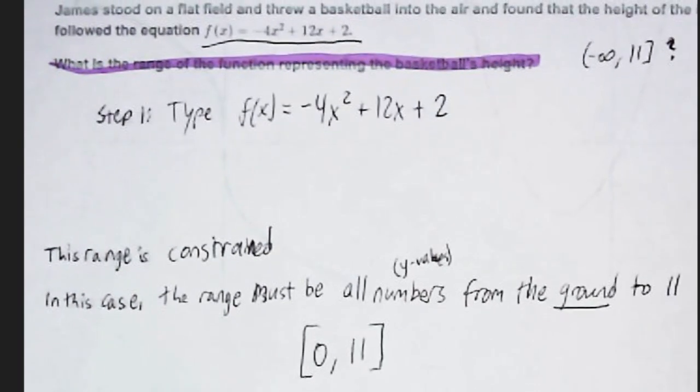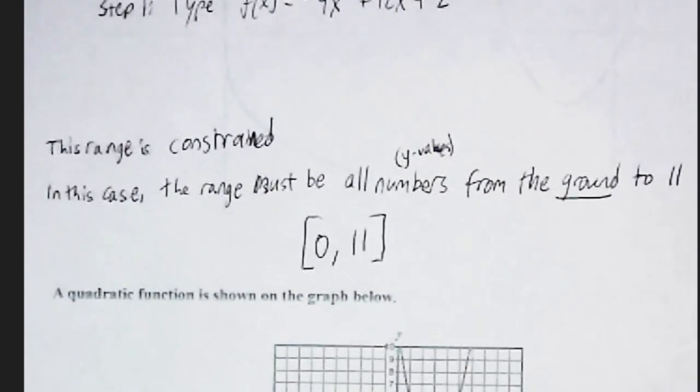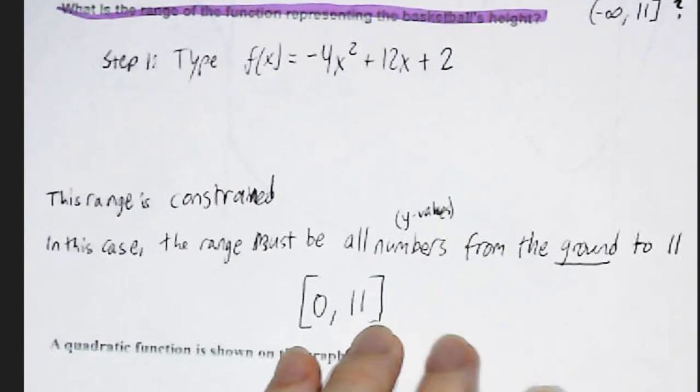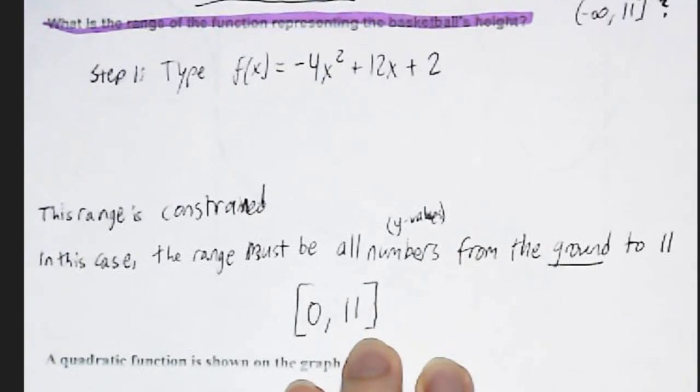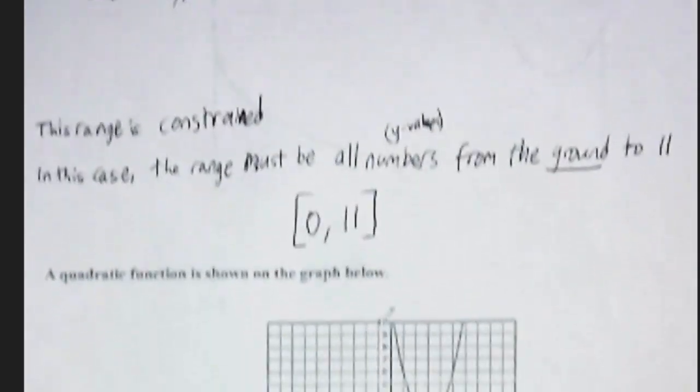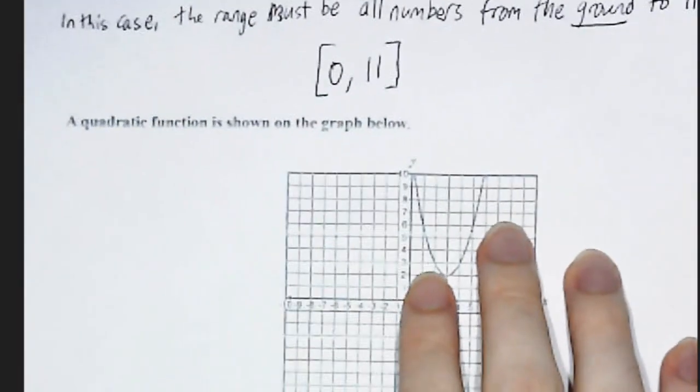All right. Now you may get like one question like this on a test, and it'll only be worth like 1 point. All right. This is more of a bonus question to get you thinking.